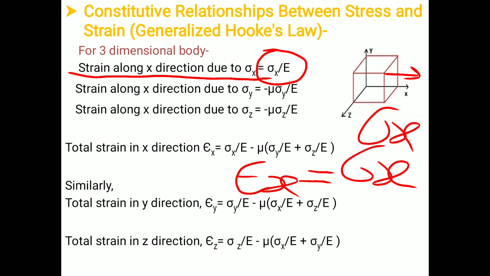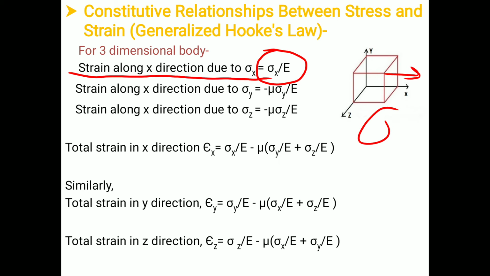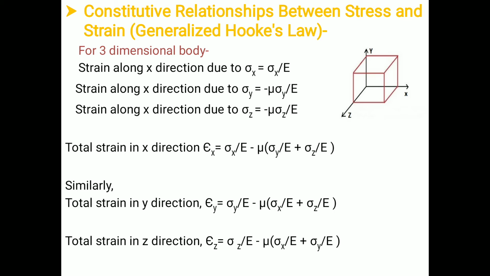Now if I consider the value of strain along x direction due to the effect of sigma y, we have the value of minus mu into sigma y by E. That is nothing but the effect of Poisson's ratio. The strain along x direction due to the effect of sigma y is minus mu into sigma y by E, because when I apply the stress along x direction, there will be an increment in its length along x direction, but at the same time there will be a decrement in its lateral dimension.